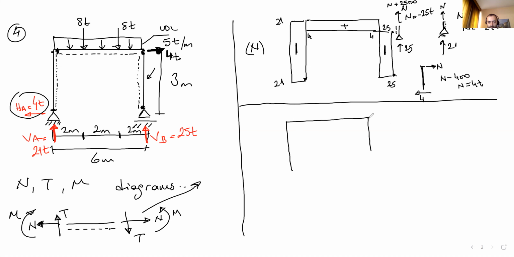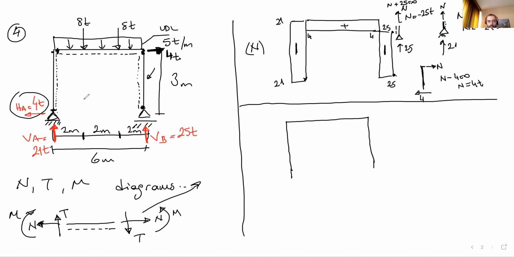Okay, let's do the shear force diagram. We are going to start from this support reaction, this support. As you know, the shear force is where the force is perpendicular to the frame member.